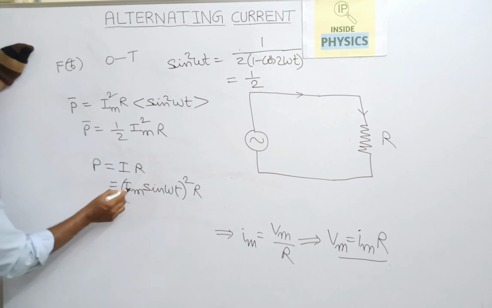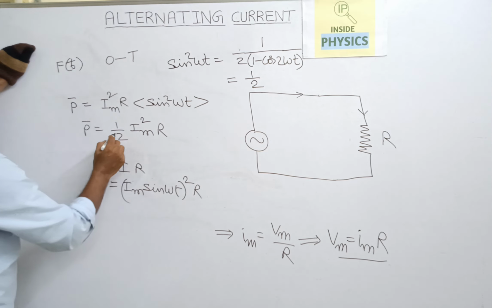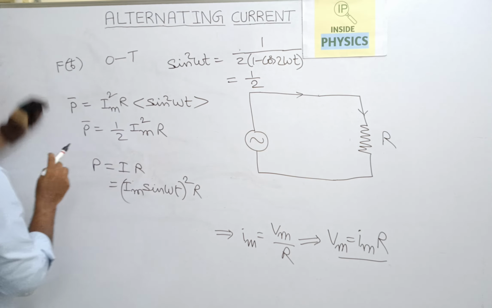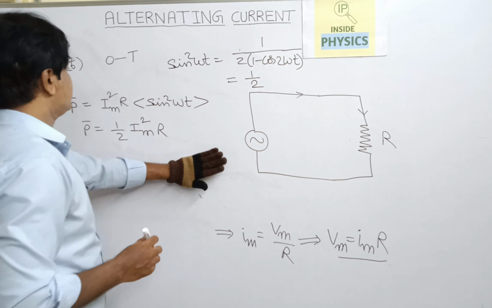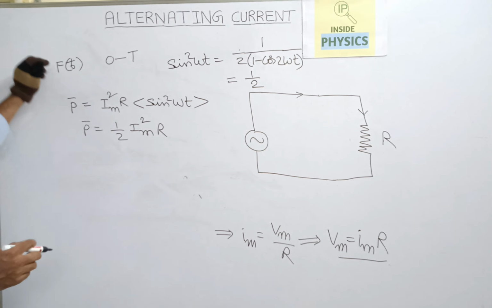That is why we need the square here, half I m square r. This is the average power.